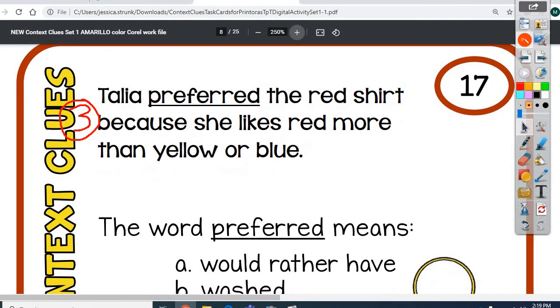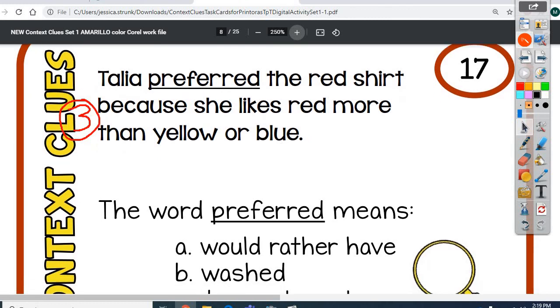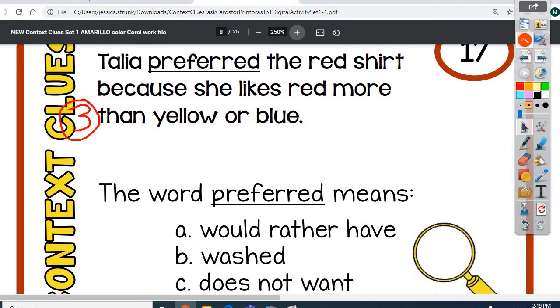Talia preferred the red shirt because she likes red more than yellow or blue. Alright, so she preferred it. And she liked it more than the yellow or the blue one. So I wonder what preferred can mean. And remember, you just have to write A, B, or C.